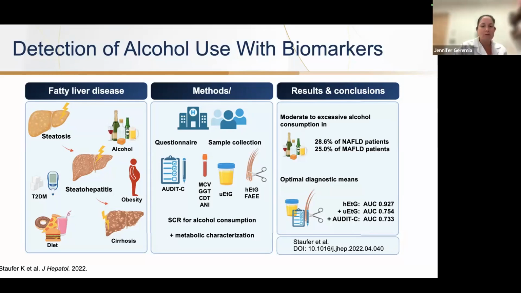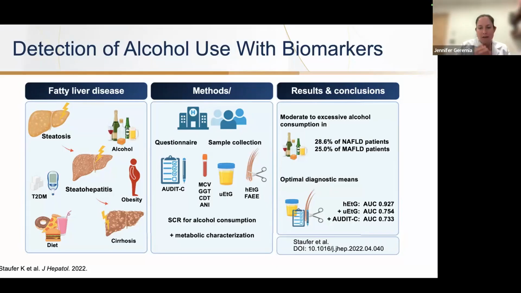And then you can also do biomarkers within, of course, yes, you can do blood alcohol levels, but that's very much in the moment. Doesn't really tell you beyond a matter of hours, right? And so you can do these biomarkers, urine ETG, hair ETG, or FAEE, which are a little bit more antiquated. We have better serum biomarkers now.